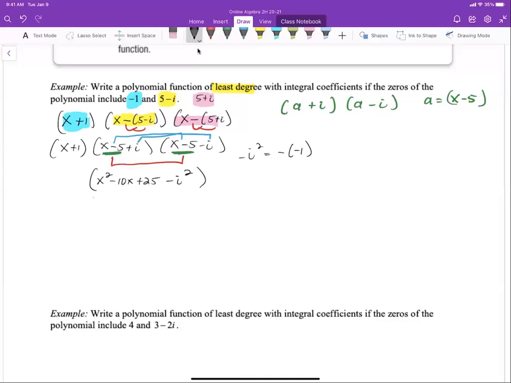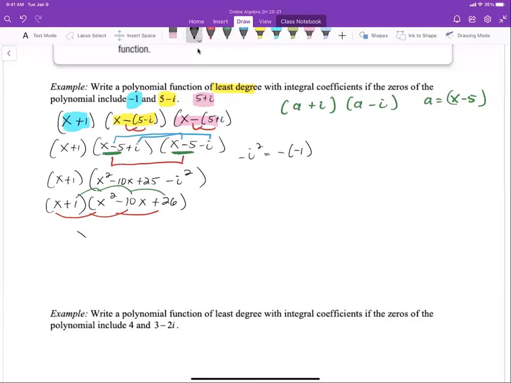So let's again simplify. Don't forget your x plus 1 over here. I've got x squared minus 10x, and 25 plus 1, so I have 26. Now I need to multiply each term by x, and then multiply each term by positive 1.